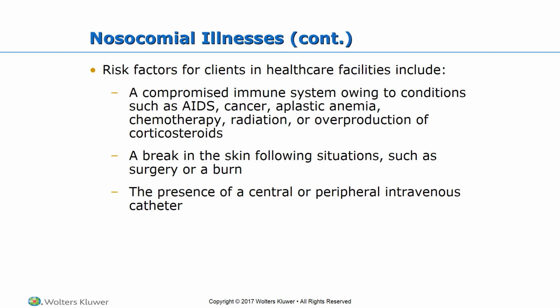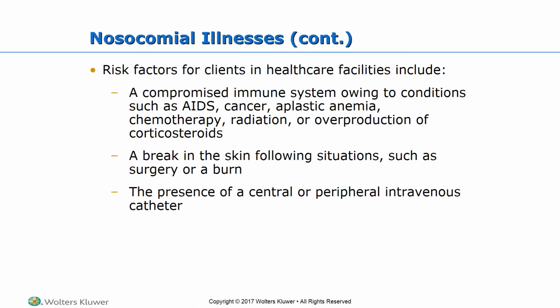Aplastic anemia. Now, normally when we think of anemia, we think of a deficiency in red blood cells. However, with aplastic anemia, the blood cells are not being made. This may also fall over into the white blood cells are not being created.